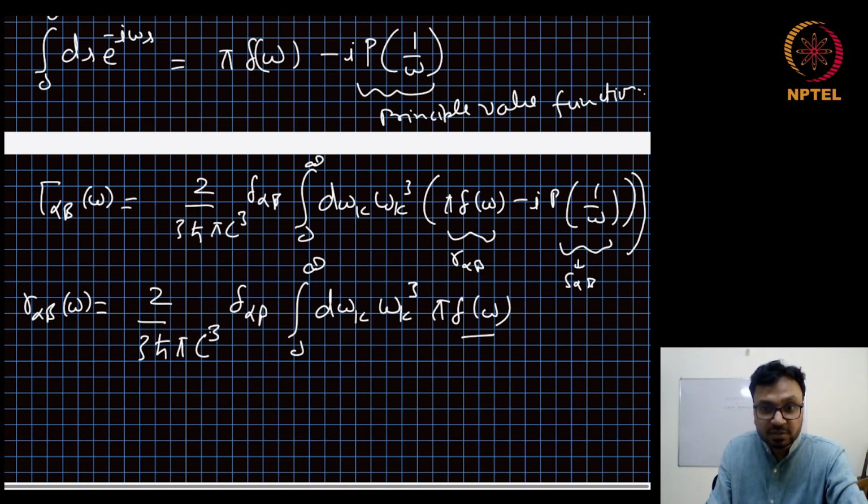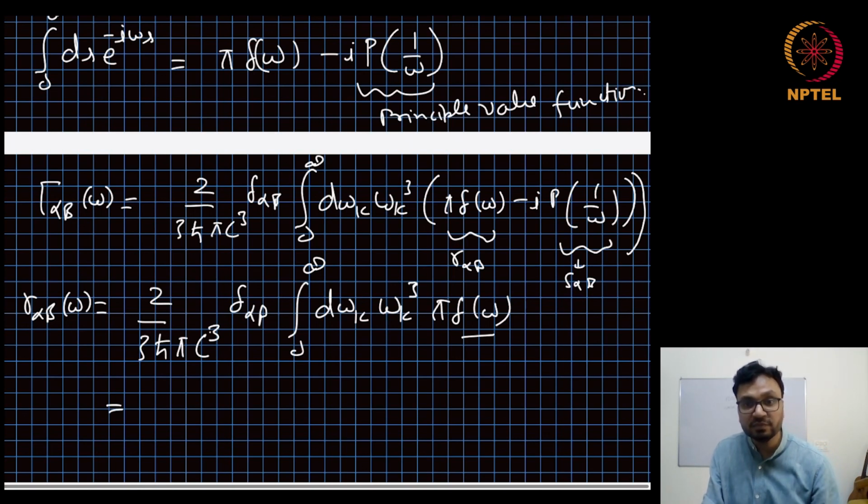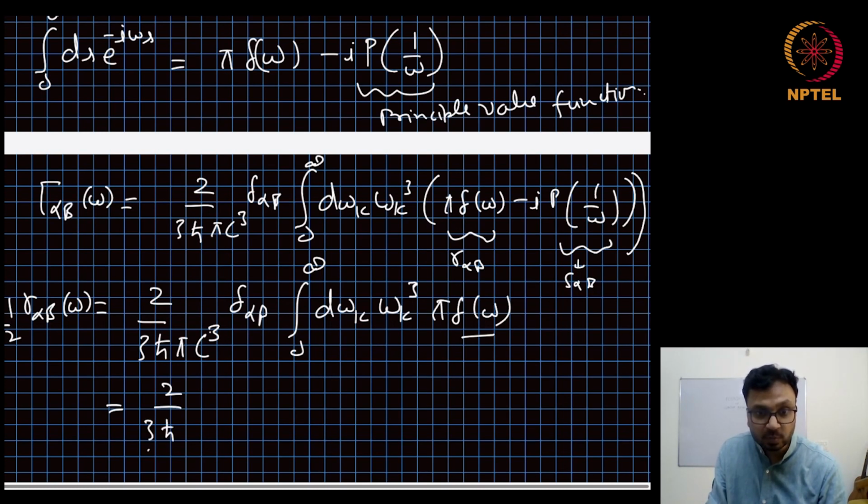When we have a delta function inside the integral, we just substitute in the function, we substitute omega k with omega, and we get 2 over 3 h bar pi, the pi cancels, c cube, and we have omega cube and a delta alpha beta.